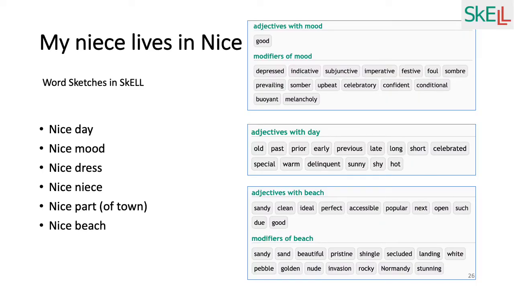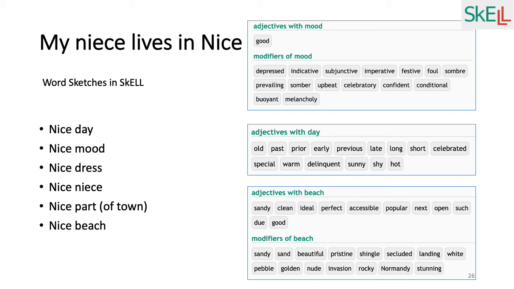We're looking for what are some alternatives to nice day, nice mood, nice dress, etc. So if you have a look at the word sketches of day, of mood, of dress, the students will have the opportunity to make some good choices, and they will learn some new vocabulary because there will be words there that they're not familiar with, or they have a passive knowledge of, but might like to promote to an active knowledge of the vocabulary.